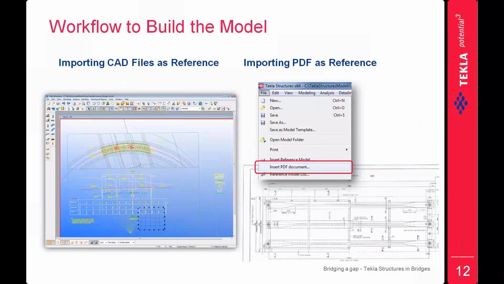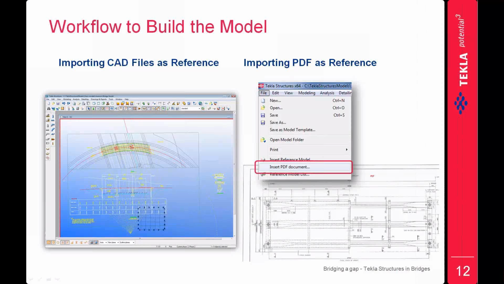The workflow to build the model in Tekla Structures is the same for any type of structure, but today we are discussing the bridge side. We can import CAD as a reference file. If you have any CAD reference files, we can bring them into the Tekla Structures environment, like DWG format or DXF format, to start with the project.